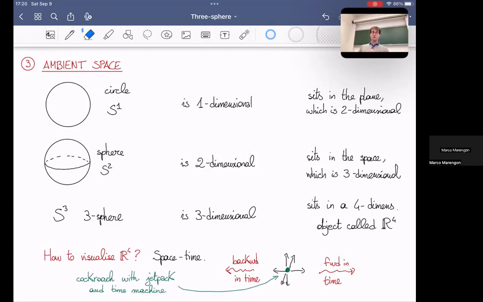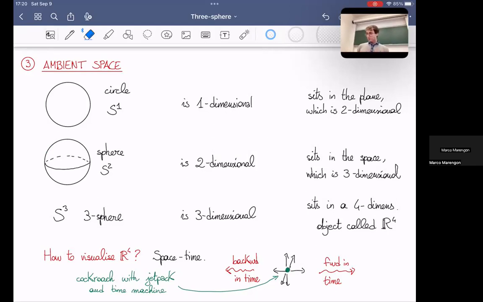So we endow our cockroach not only with a jetpack to move up and down, but also with a time machine to move forward and backward in time. And this adds an extra direction in which our cockroach can move. Of course, this is not as intuitive as the plane and the space, because we're not really used to thinking of time as a dimension. So it's maybe just an analogy.